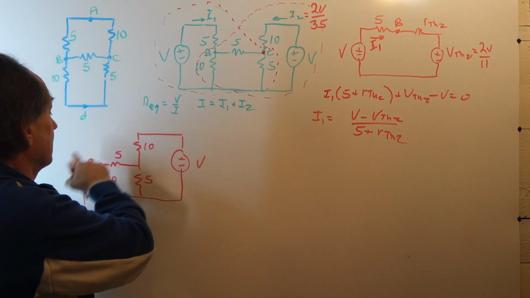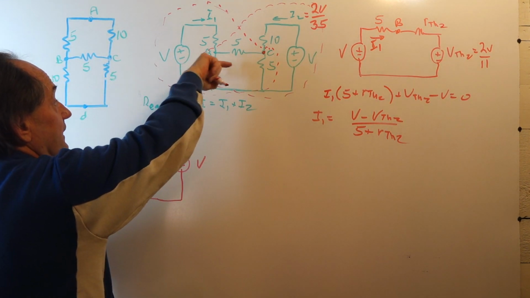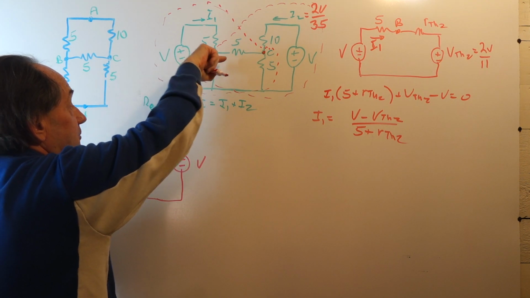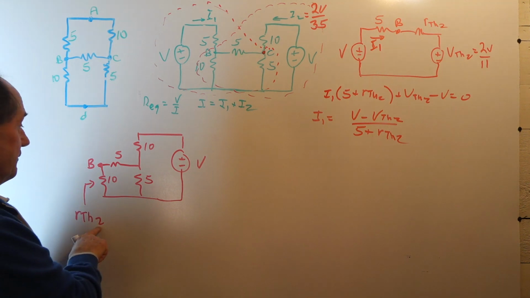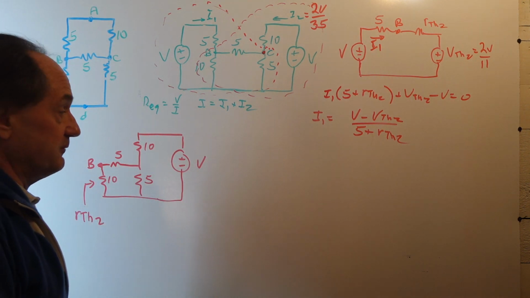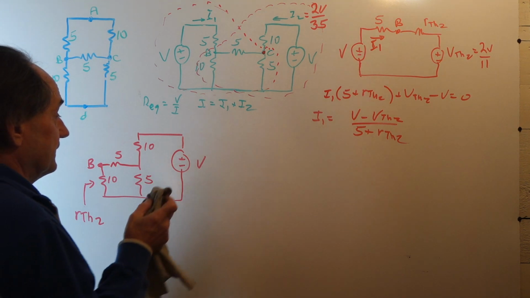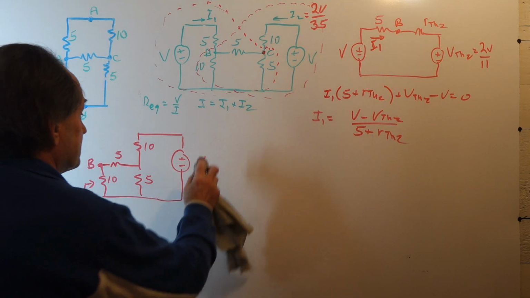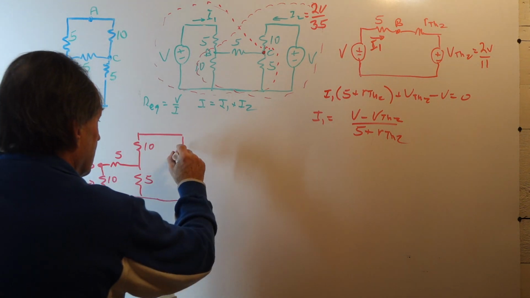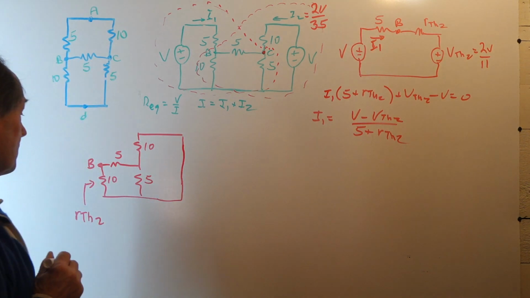Well, here is our equivalent network. We need to find our Thevenin resistance looking into node B. We kill the voltage source, meaning we set the dependent voltage source equal to 0 and replace it with its internal resistance, which is a short circuit.